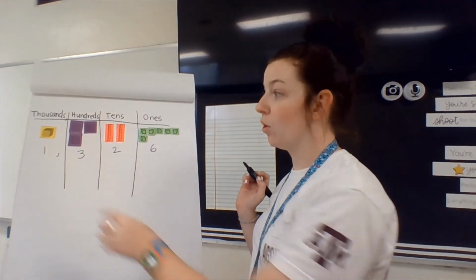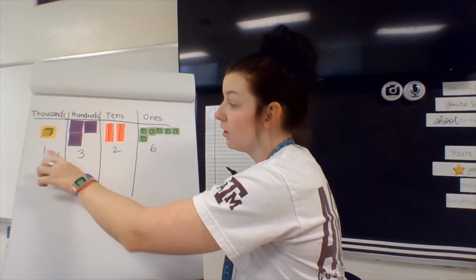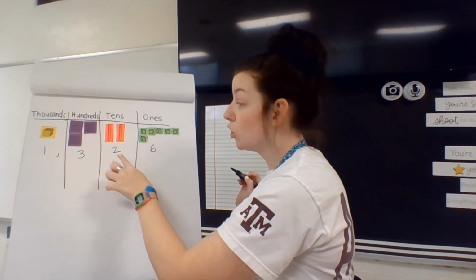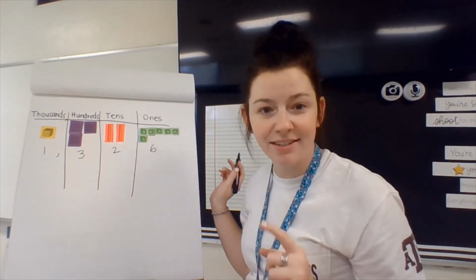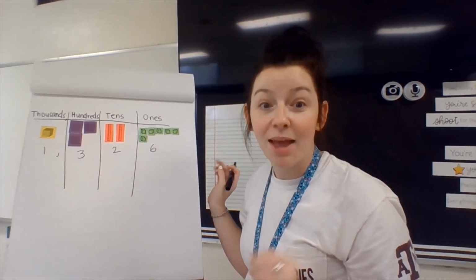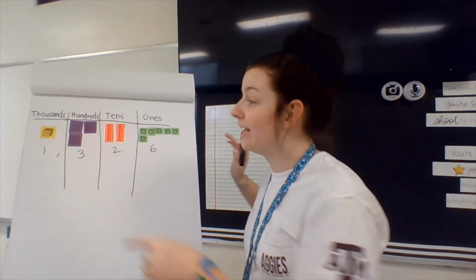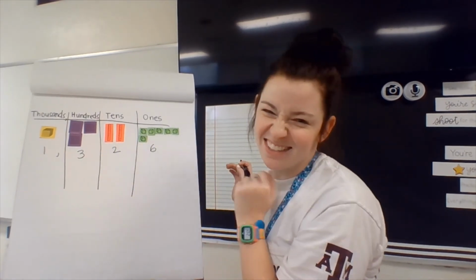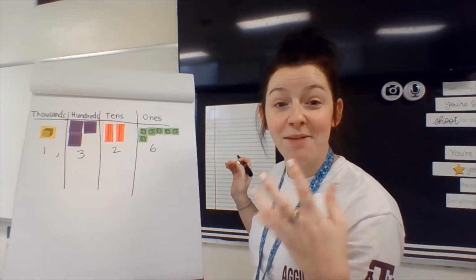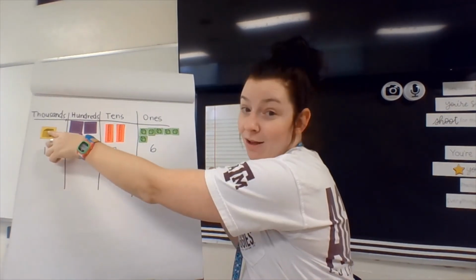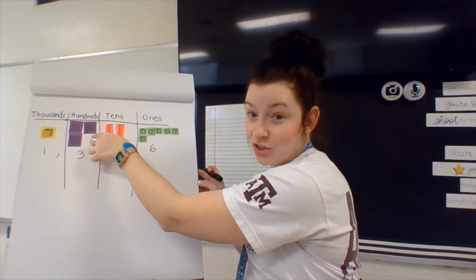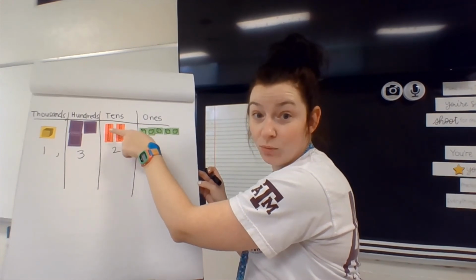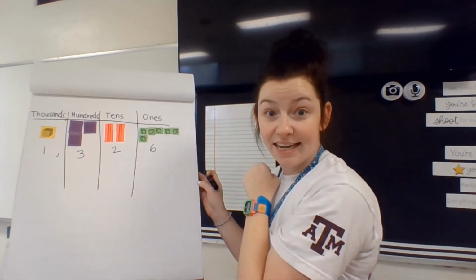And there's my comma. 1,326 is this number. Because I have to know their values. I can't say 1,326 like that. That doesn't sound right, right? We have to name them by their values. So I have 1,000, 3 hundreds, with 2 10s and 6.